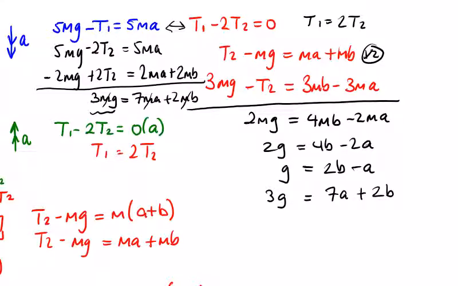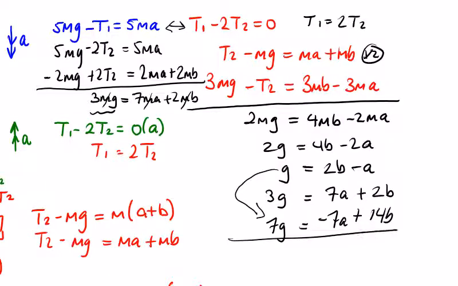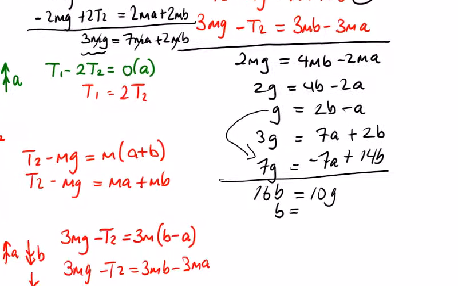If I multiply this one by 7, I'm going to get 7g is equal to 14b minus 7a. So 16b is equal to 10g. So b is equal to 10g over 16, 5g over 8 meters per second squared. And if I have an equation, can I get a from this one?